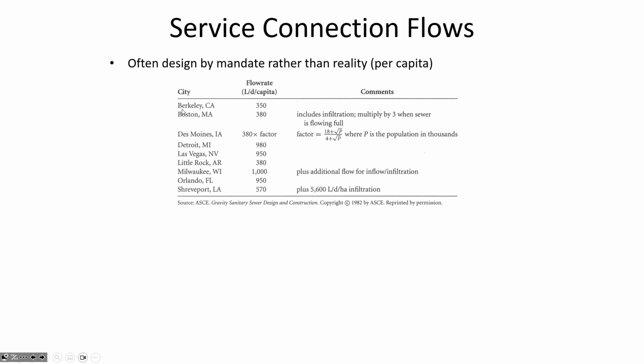But then there are other cities like in Berkeley, California, their regulation says to assume 350 liters per person per day when you're sizing the capacity. So basically you just have to know who are the government entities that regulate and what their requirements are in order to calculate the correct assumption for how much capacity to allow in the pipe.